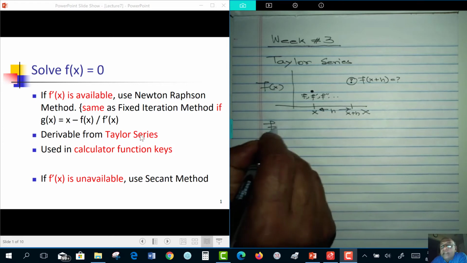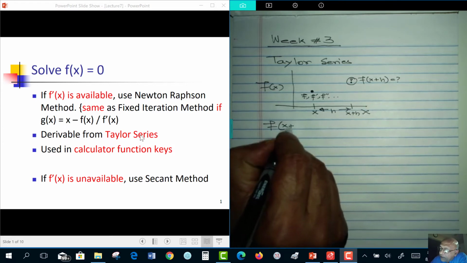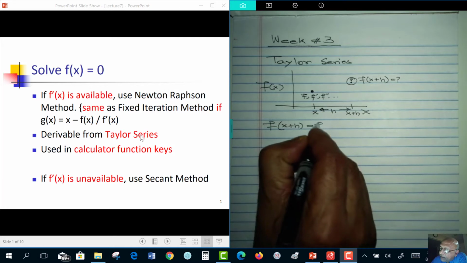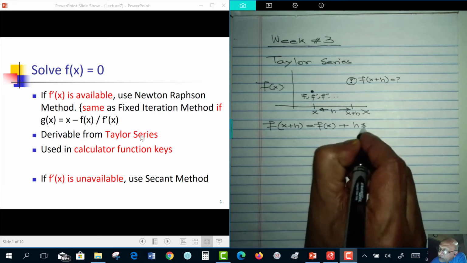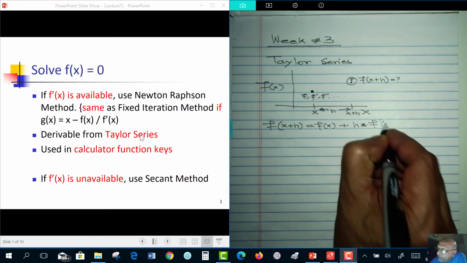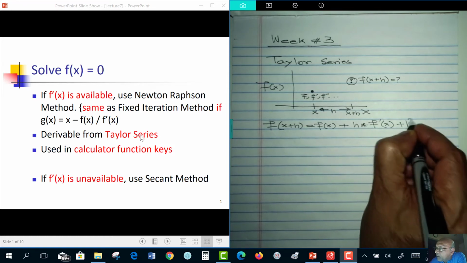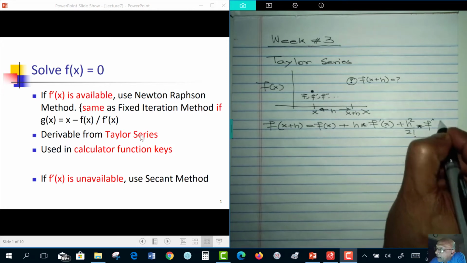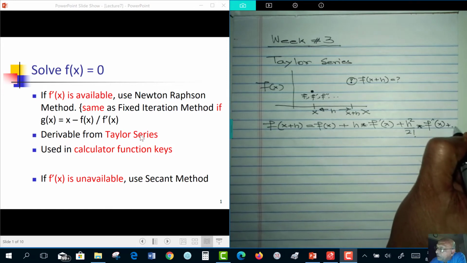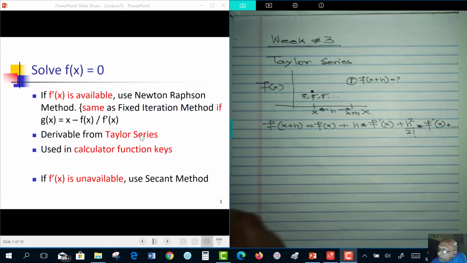So the Taylor series says f at x plus h would be f at x plus h times the first derivative plus h squared by 2 factorial times the second derivative and so on. So we'll talk more about it.